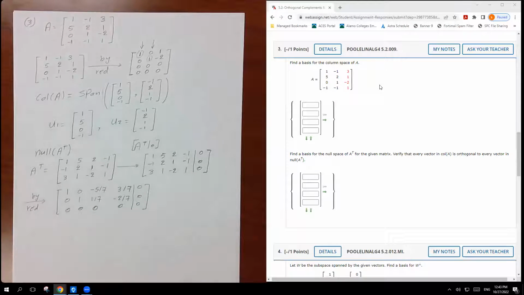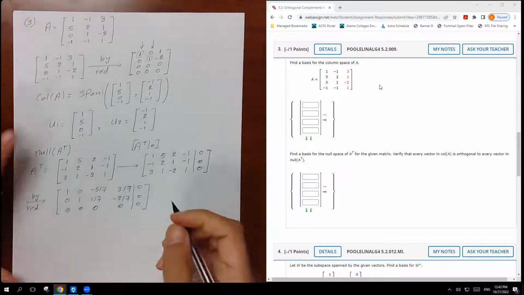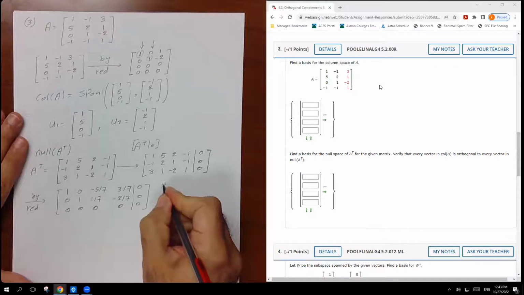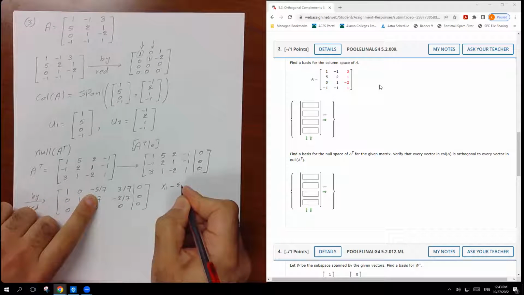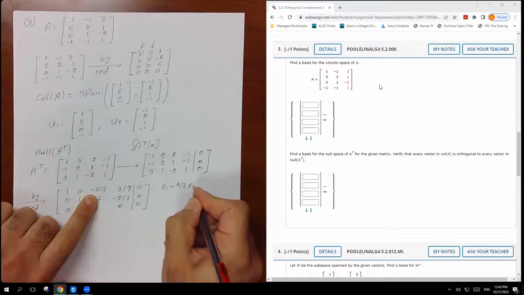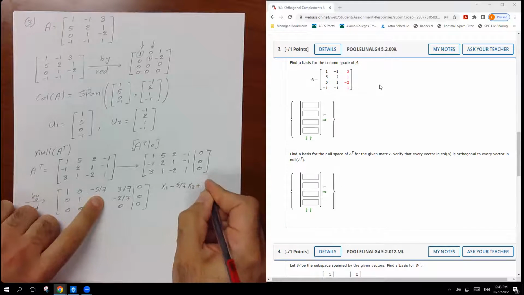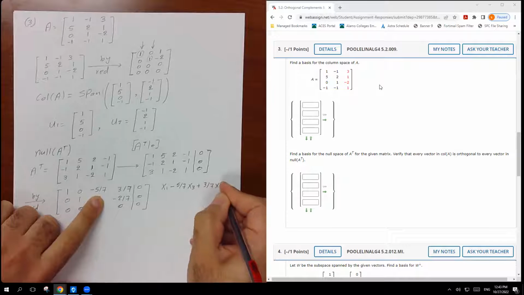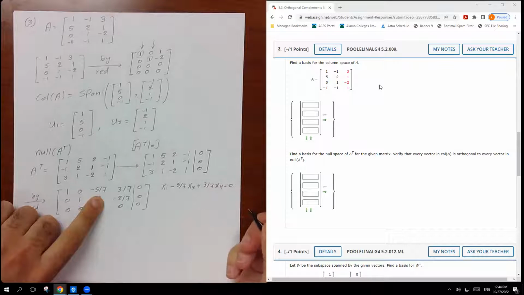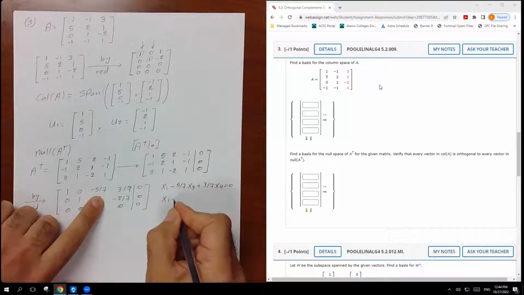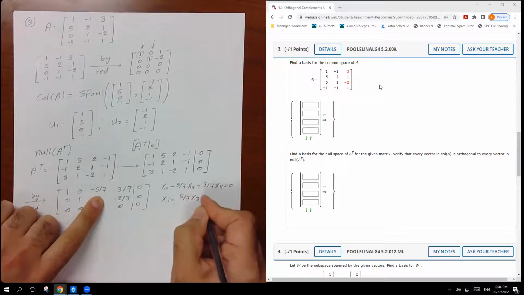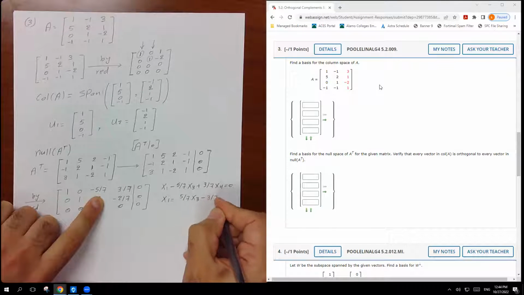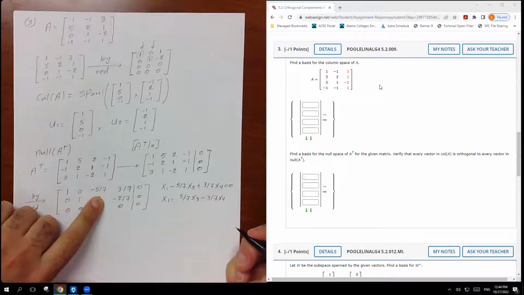So we need to find the solution. Let's work on here. x1 minus 5 over 7 x3 plus 3 over 7 x4 is going to be equal to 0. That means x1 is going to be 5 over 7 x3 minus 3 over 7 x4. We're just going to change the sign.